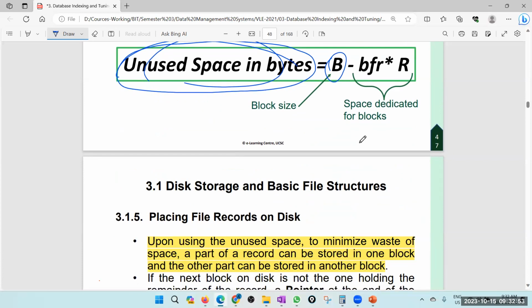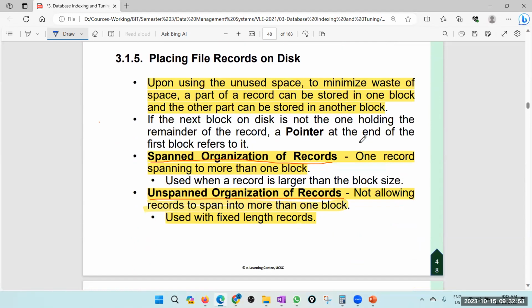So that is when we use the unspanned approach. Unspanned means one record is never allowed to go into multiple blocks. One record must stay in one block. But if you go for spanned organization, then that small wasted area can also be used, because in the spanned strategy, a record can be in multiple blocks.